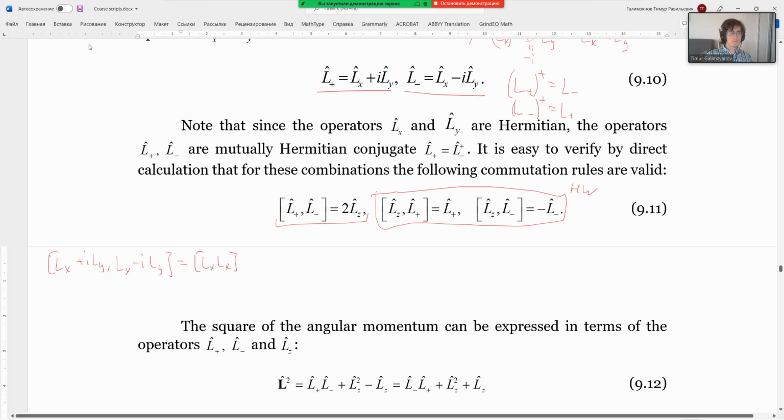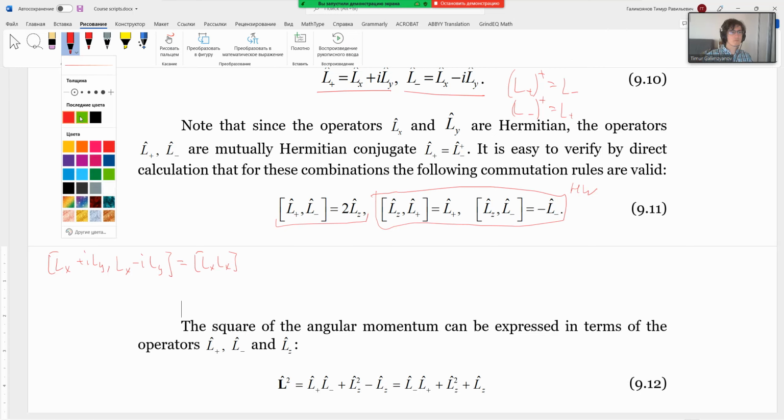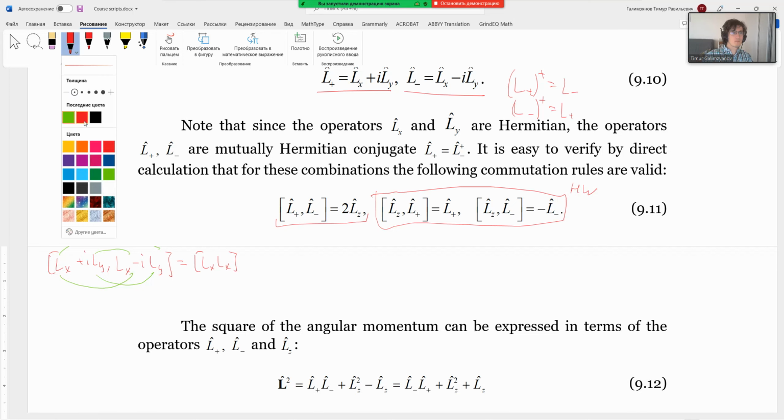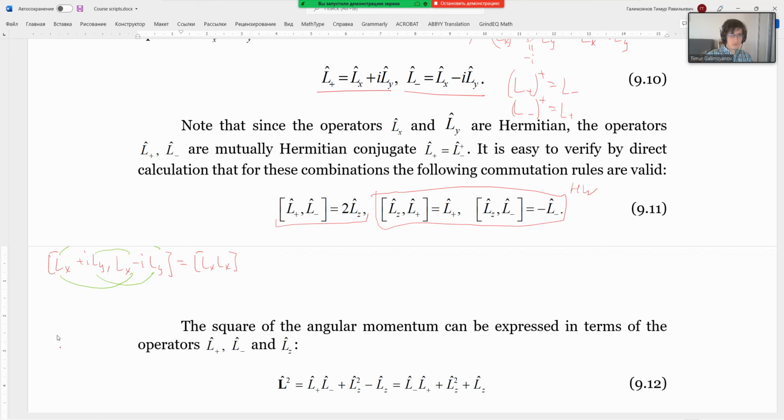Lx with Lx equals 0 because they are equal operators.